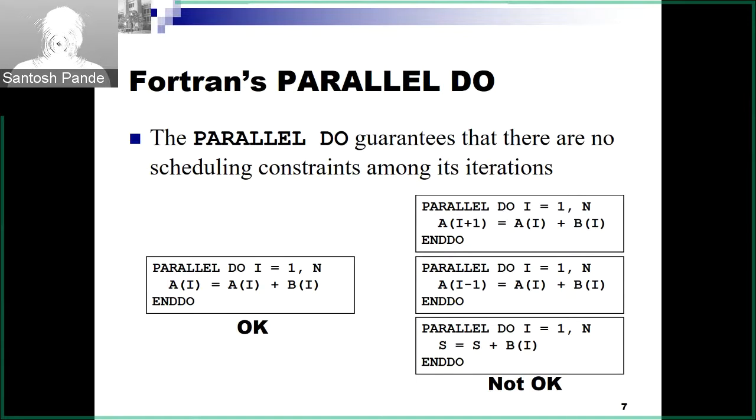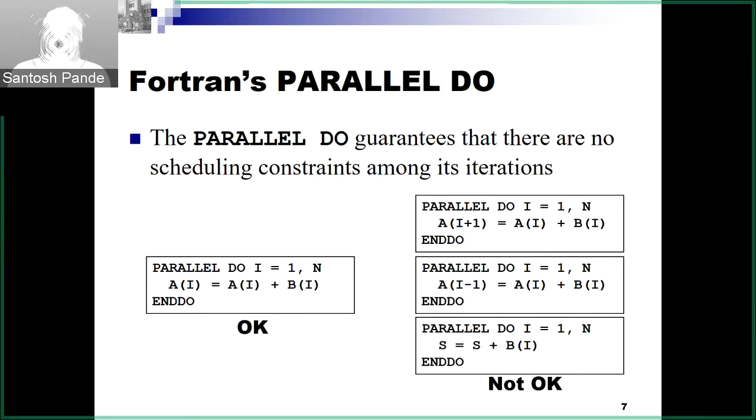For example, iteration 5 will generate A of 6 as an L value, and iteration 6 will use A of 6 as an R value, a read value. Since it is the same value, A of 6, iterations 5 and 6 cannot go in parallel. One produces the write, and the next iteration consumes the value.